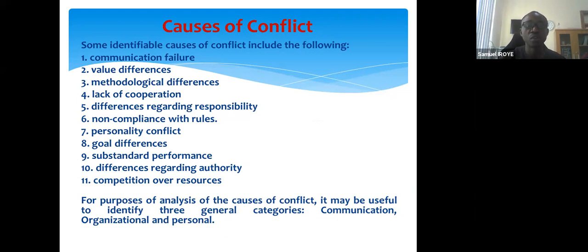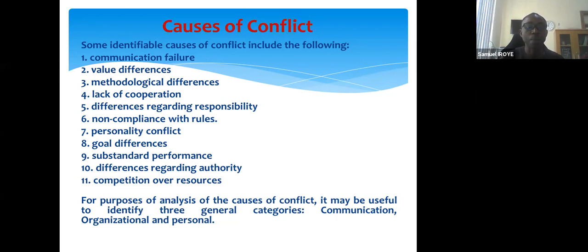Number one, communication failure, when two parties cannot communicate effectively. Number two, value differences. Number three, methodological differences. Number four, lack of cooperation. Number five, differences regarding responsibility. That is when there is no clear-cut distinction between what to do and what not to do. Number six, non-compliance with set rules.